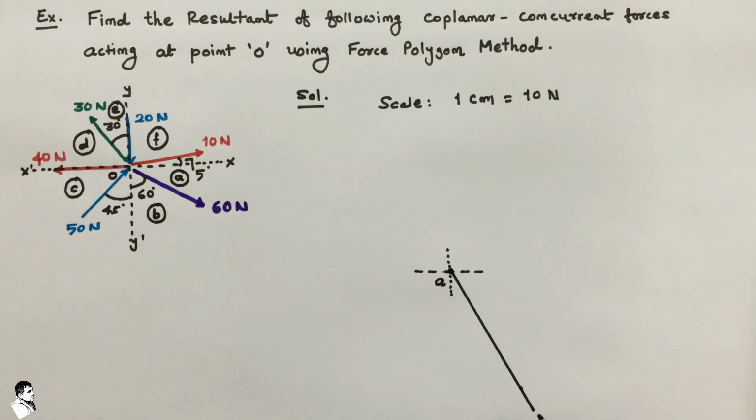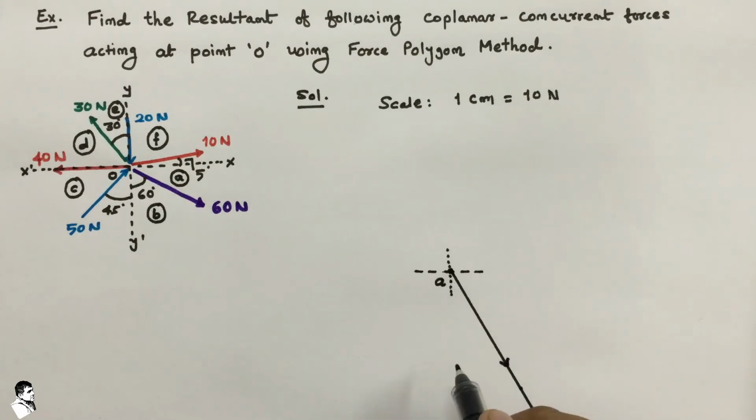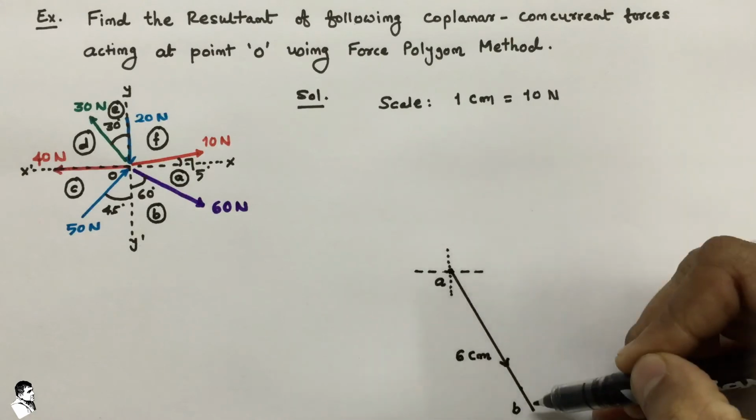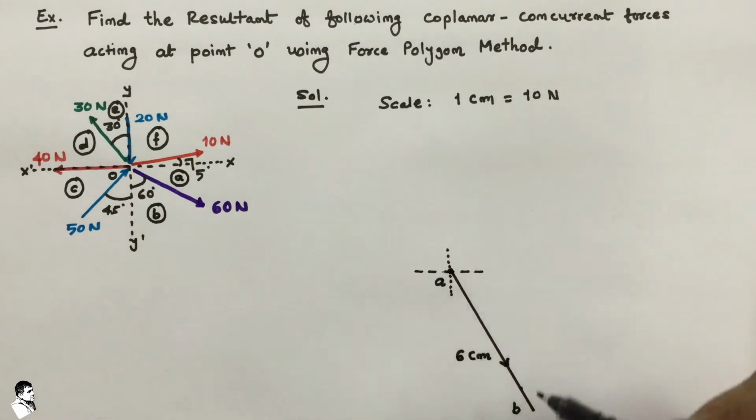So this is our point B, and the length is 6 centimeters. Joining A to B gives the 60 Newton force, converted with the scale to 6 centimeters.